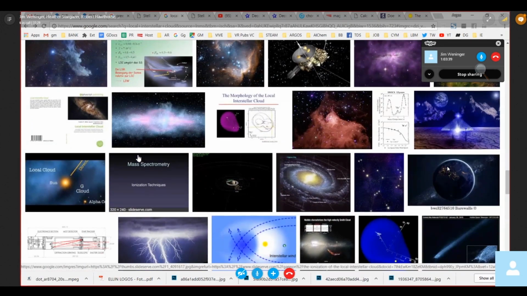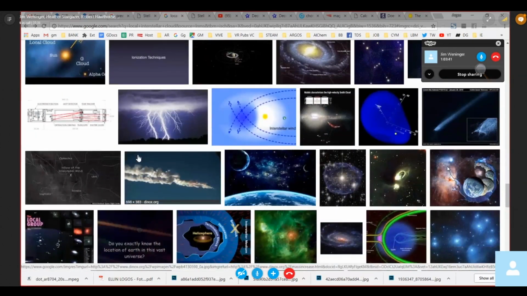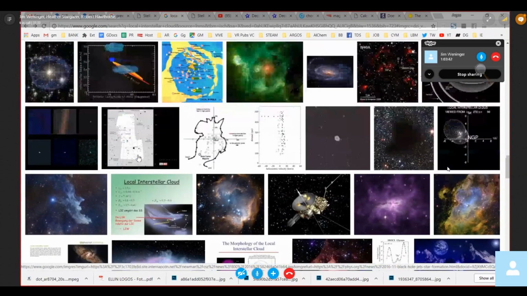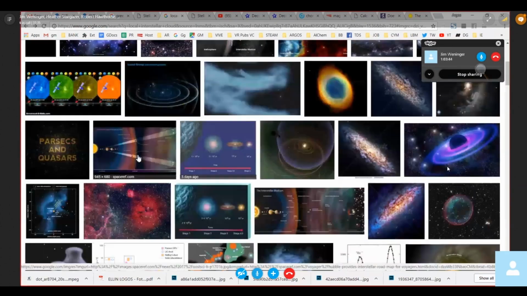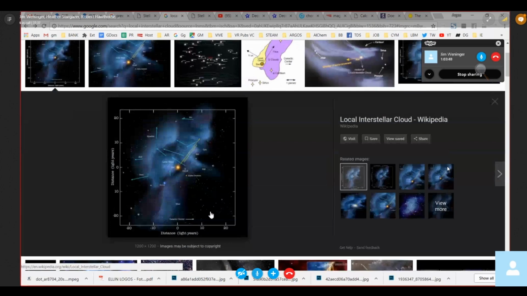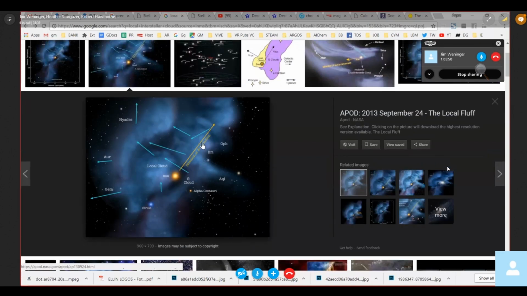And in the local interstellar cloud picture, you can see why Sirius did what it did. If you look at that image, that one right there, and you see where Sirius fits in that, keep in mind that Sirius is traveling more or less behind the sun.